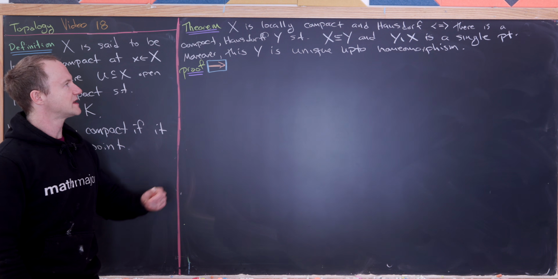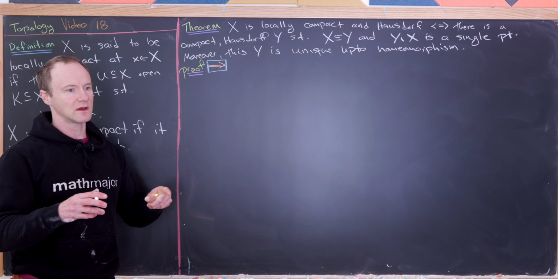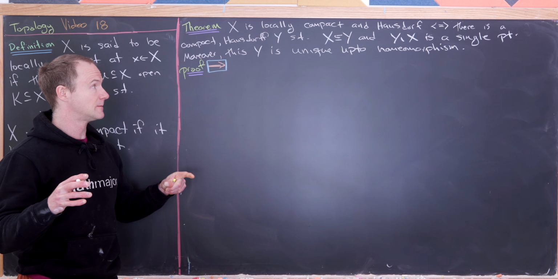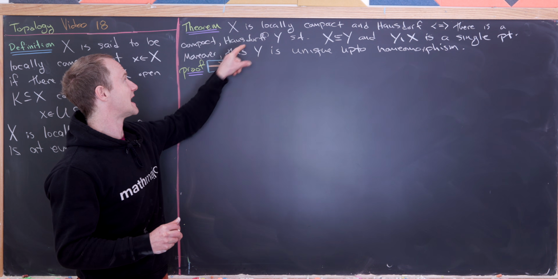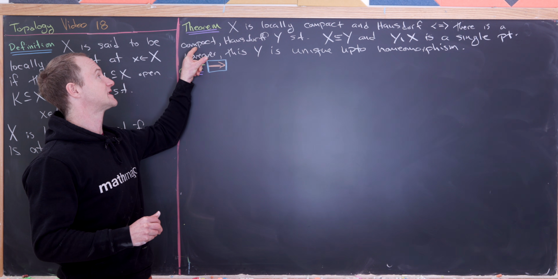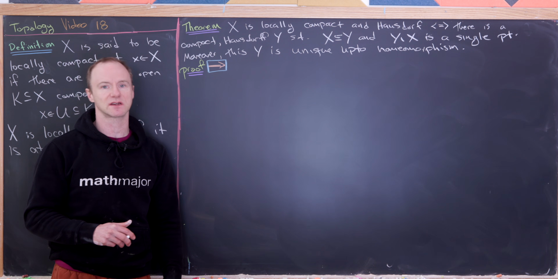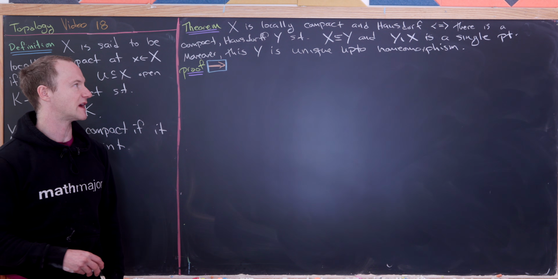So what's important here is we started with locally compact Hausdorff, and we are essentially finding some very, very small extension, Y, an extension by a single point that maintains Hausdorffness and then takes away the locally from locally compact and leaves us with just compact. Okay, cool. So we've got an if and only if statement here. We have two things to prove.